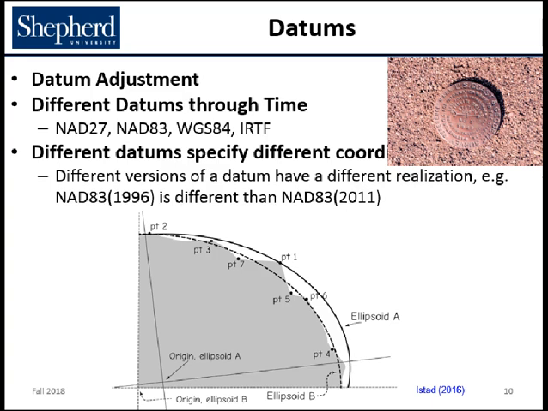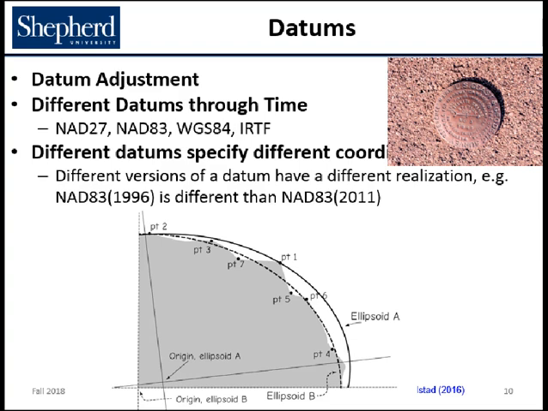The World Geodetic System of 1984, WGS 84, is another set of datums developed and primarily used by the U.S. Department of Defense. A third set of datums, commonly used worldwide and increasingly in North America, is the International Terrestrial Reference Frames, or ITRF, with datum realizations from the International Terrestrial Reference System, ITRS.